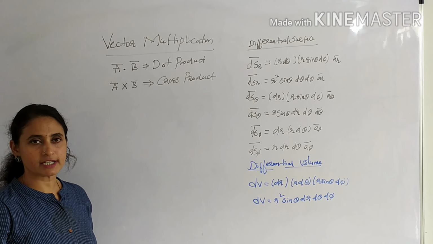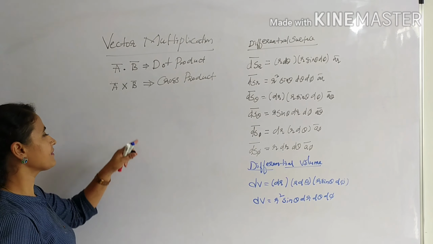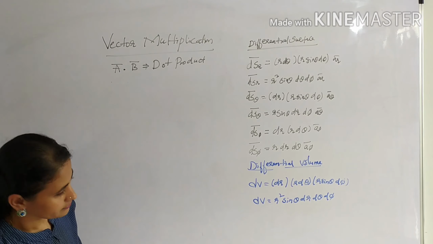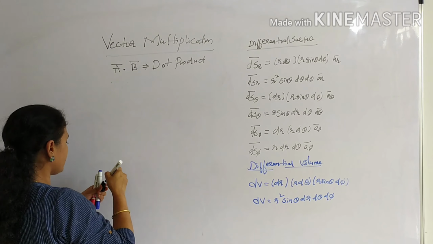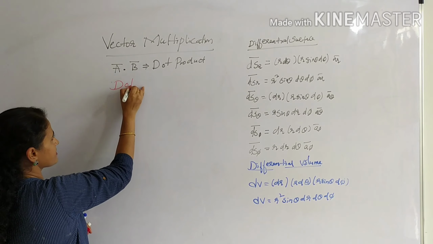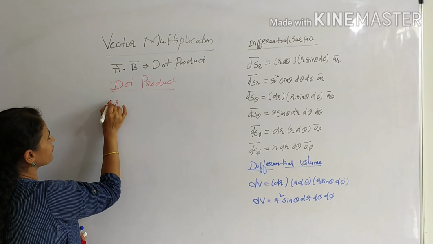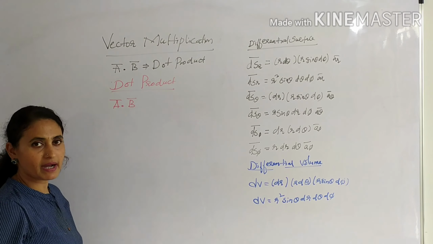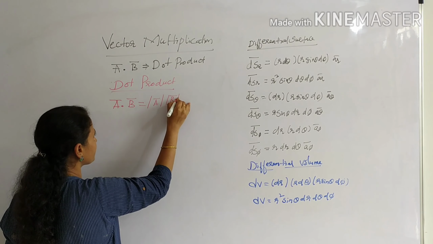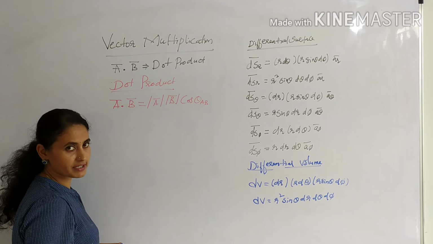So we are going to discuss the dot product and cross product of vectors. Let us start with the dot product. The dot product of two vectors a bar and b bar is defined as the magnitude of the first vector, the magnitude of the second vector, and the cos of the angle between these two vectors.